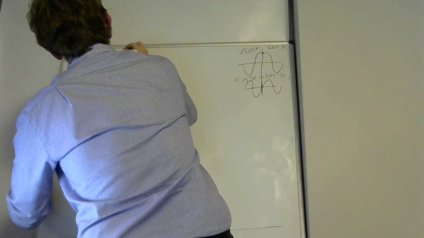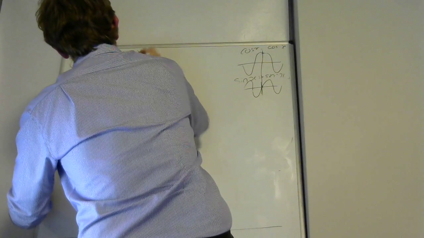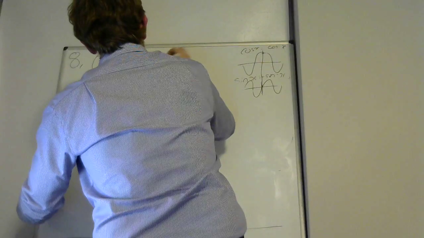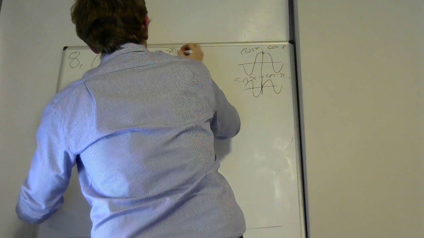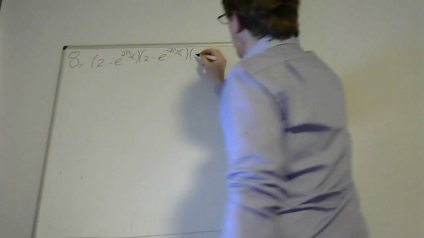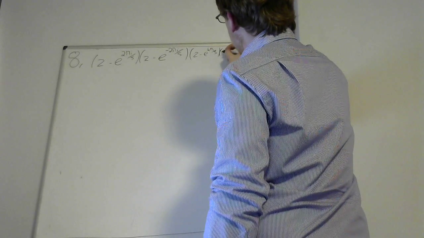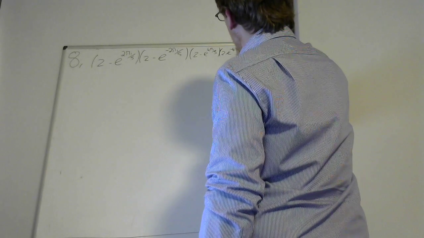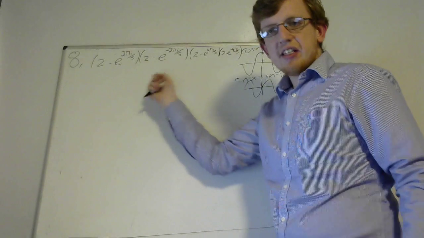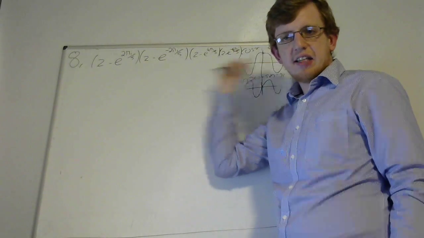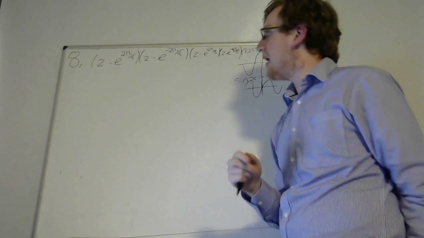Looking at those 4 linear factors then, we have z minus e to the 2 pi i over 5 multiplied by z minus e to the minus 2 pi i over 5, multiplied by z minus e to the 4 pi i over 5 and z minus e to the minus 4 pi i over 5. Cool. I'm just going to expand these two, and then you can expand the other two using the same pattern.